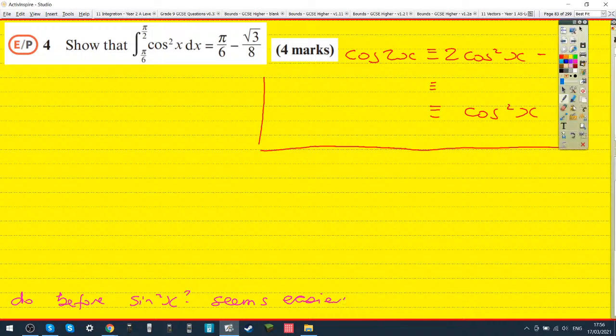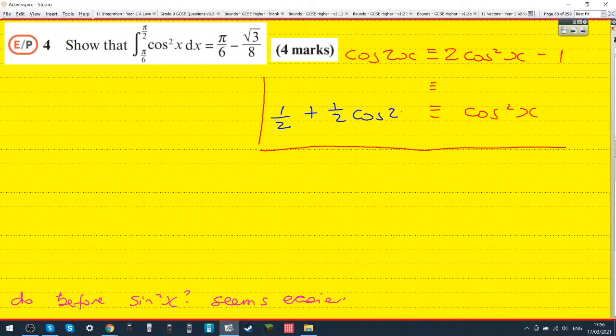Yeah, which is the same as a half plus a half cos 2x instead of all over 2. If you half both sides, times both sides by a half.